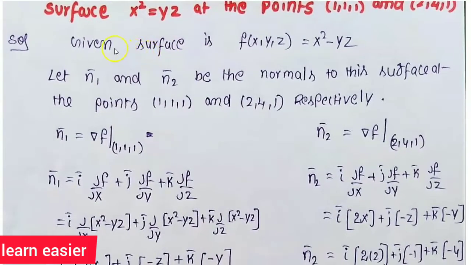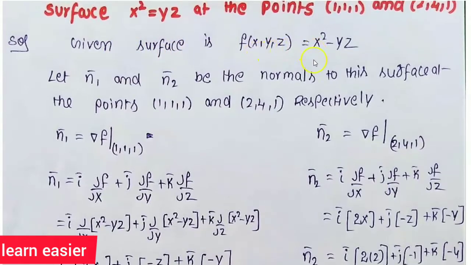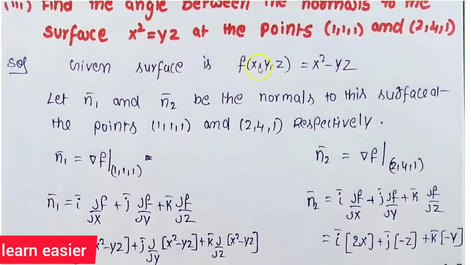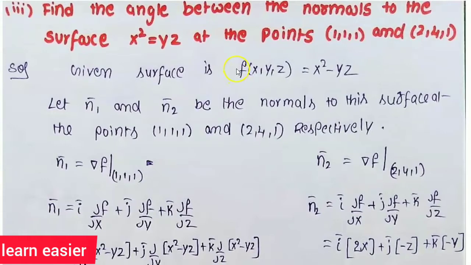So the solution is, the given surface is f of x comma y comma z equals x square minus yz. So we take the function f of x comma y comma z as x square minus yz. Let us assume that there are two normal vectors at the points (1, 1, 1) and (2, 4, 1), those are n1 bar and n2 bar.